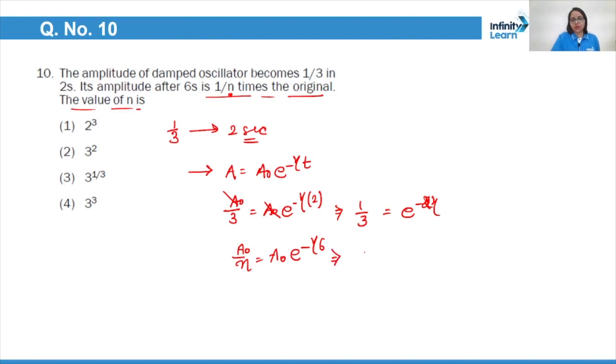So you can write 1 upon n is equal to e power minus 2 gamma into 3. So you can write this as (e power minus 2 gamma) to the power 3, right? But e power minus 2 gamma is 1 by 3. So 1 upon n can be (1 by 3) whole cube. So n can be 3 power 3, which is option 4.